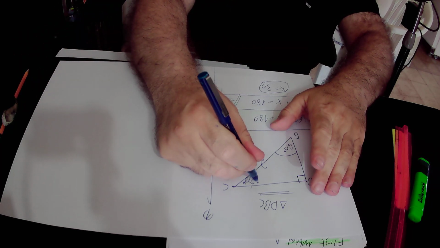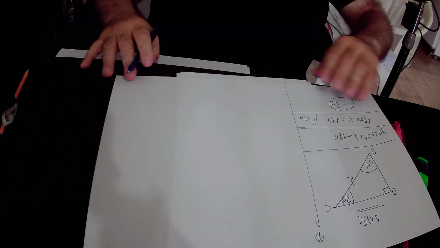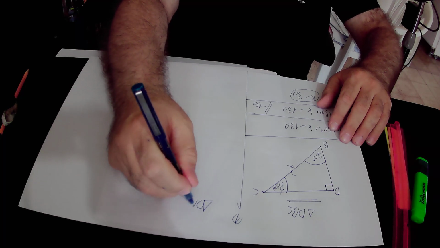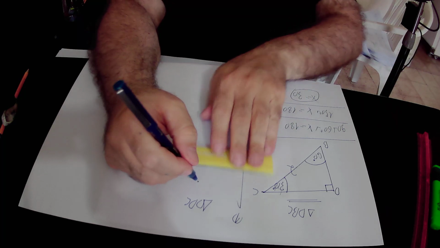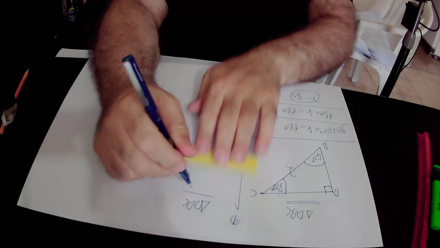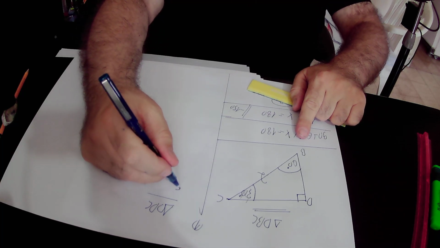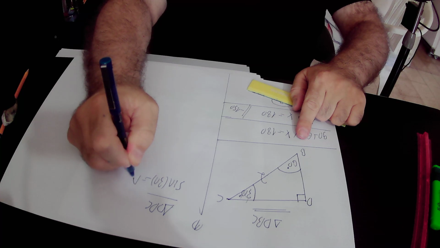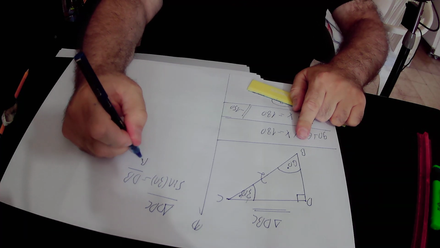We'll continue to focus on the right triangle DBC. In the right triangle DBC, it is very easy to see from the drawing that sine 30 degrees equals DB over BC.